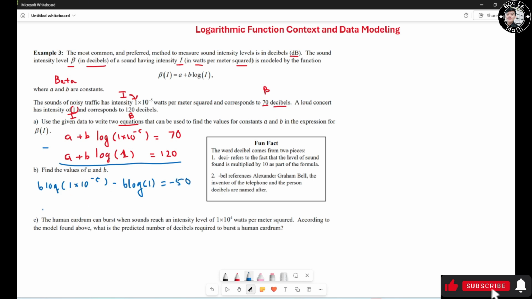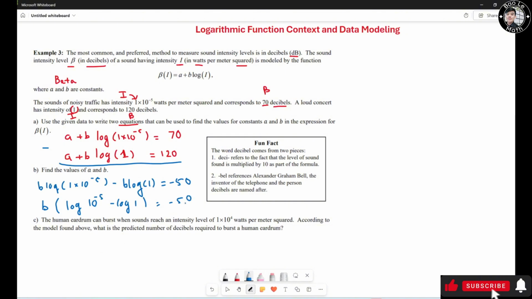Now I cut the b out. So b times log 1 times 10 to the negative 5. So I just write 10 to the negative 5. I don't need to write 1 times, right? Because 1 times this one is going to be itself. Minus log 1 equals negative 50.